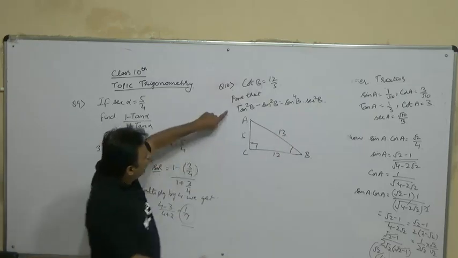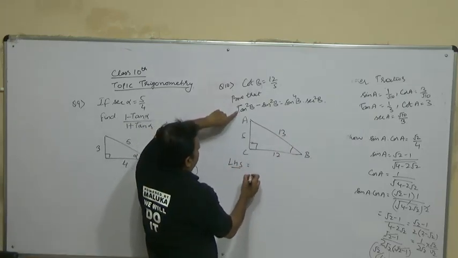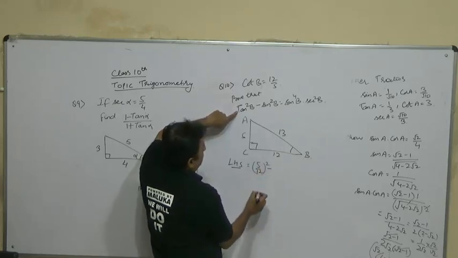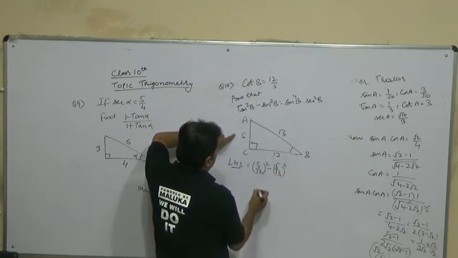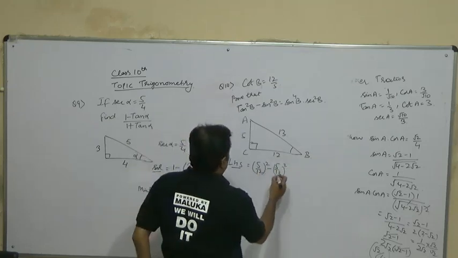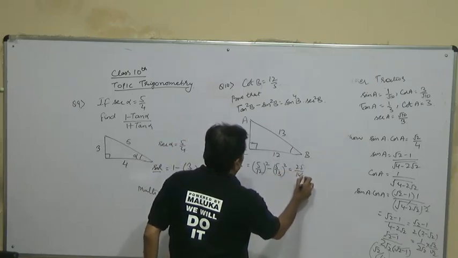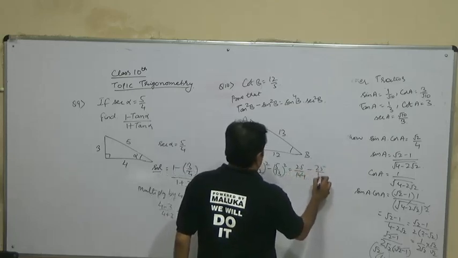Now we want to prove this. So let us calculate the left hand side. This is tan² B, so (5/12)² minus sin² B, (5/13)². So this will be 25 by 144 minus 25 by 169.